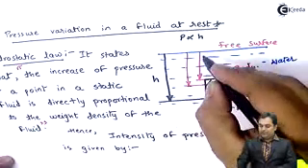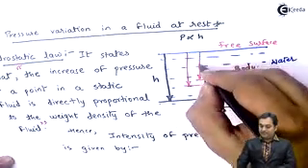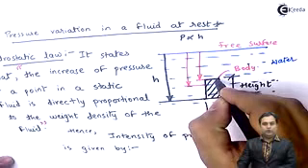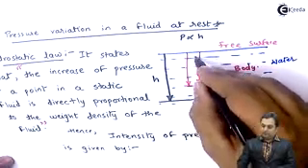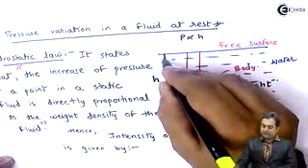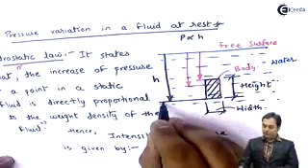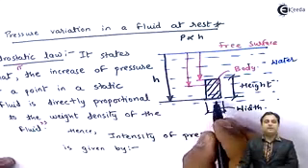So if we see the pressure which is acting at the top of the body, here the pressure intensity will be less, and the moment we go on increasing this height and we reach up to H value, at this location the pressure will be maximum.